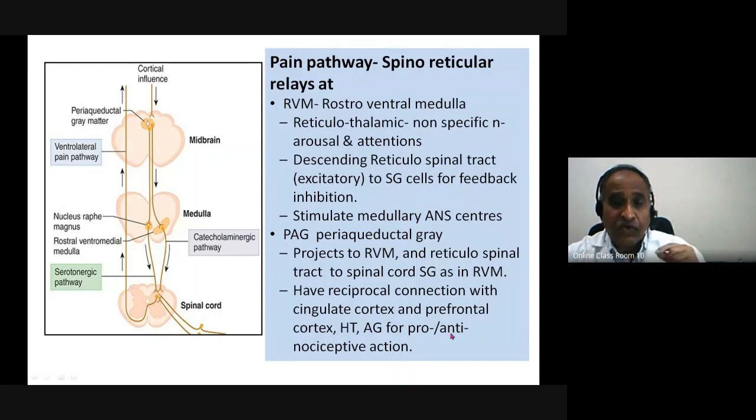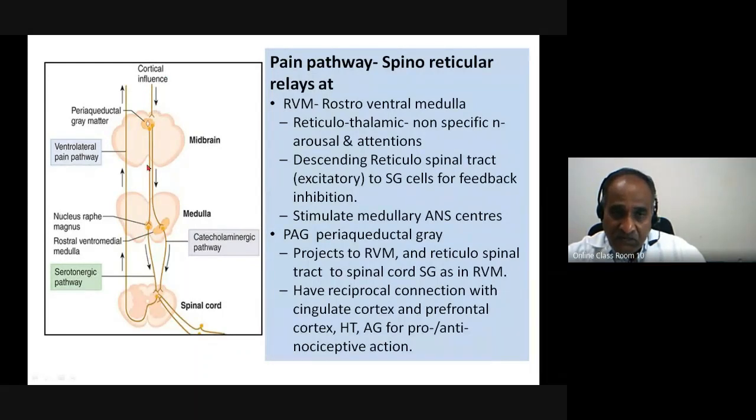which governs pro- and anti-nociceptive actions. A pro-nociceptive action means it will take the pain into a chronic stage. Anti-nociceptive means it releases the enkephalinergic neurons, exciting them, and that will suppress the pathways either at the thalamic level or from the hypothalamus to the cingulate and amygdalar areas.